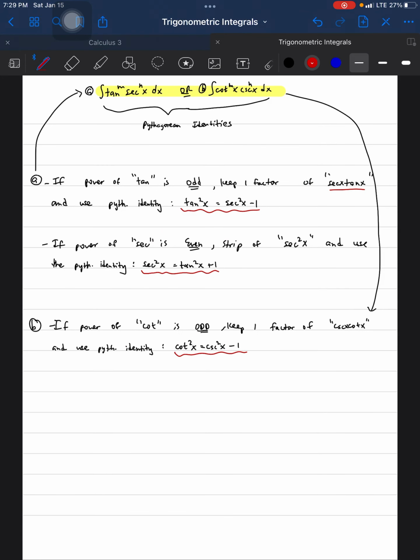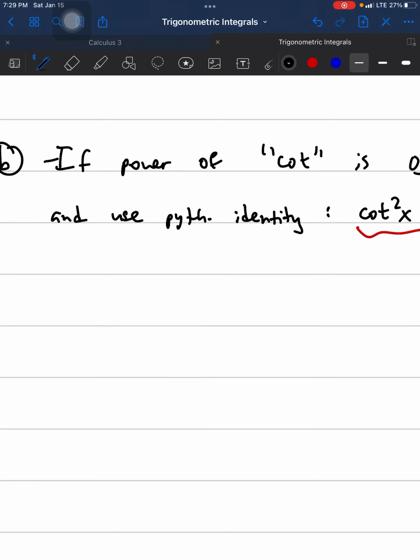So this is the Pythagorean identity we use for when cotangent has a power that is odd. And this is for case B.